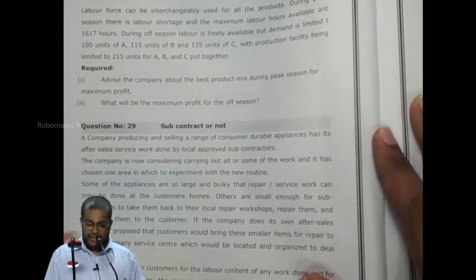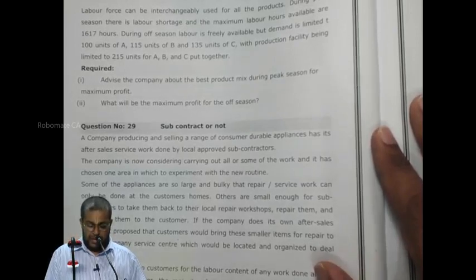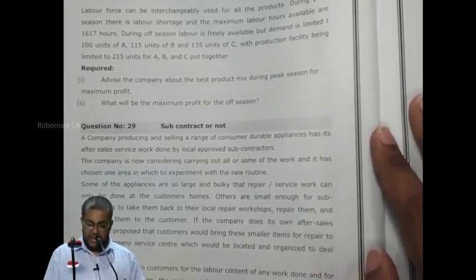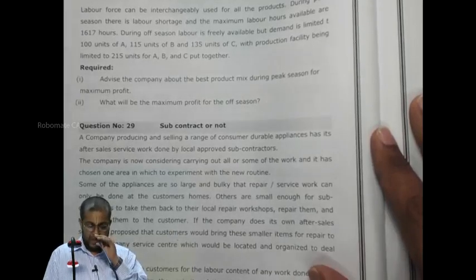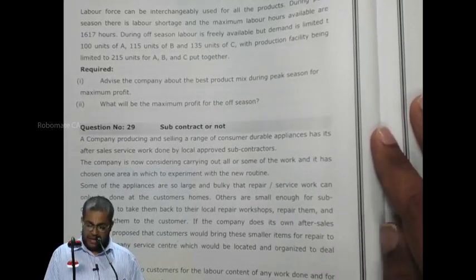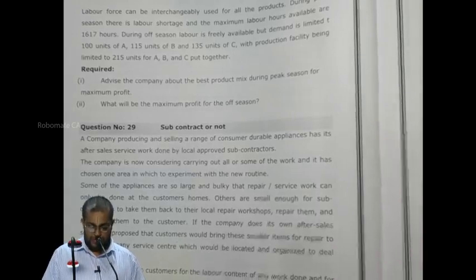If the company does its own after-sales service, it proposes that the customers should bring the smaller items to repair to the local company service center, which should be located and organized to deal with the visitors. There is a list price to the customers for the labor content of any work done and for the material used.